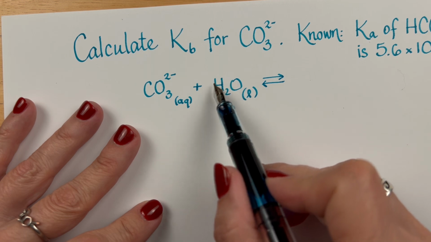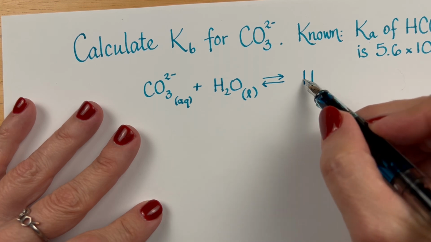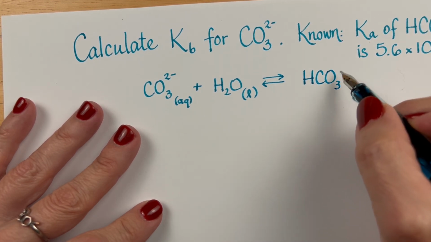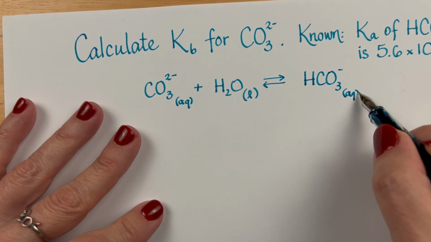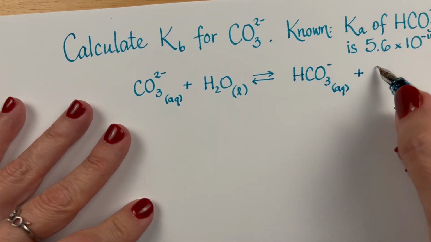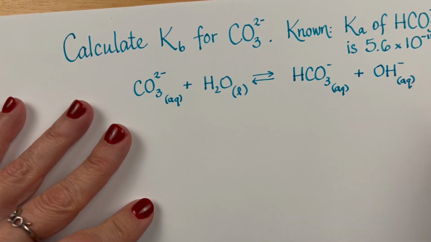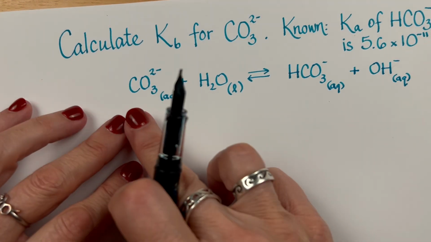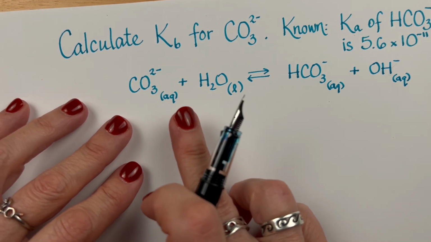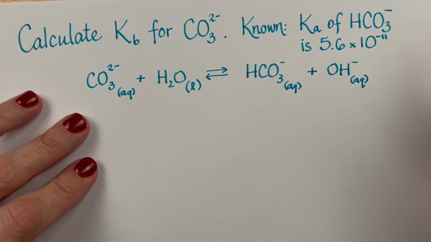So it is gaining a hydrogen ion from the water to become bicarbonate. And once that hydrogen ion leaves water, that leaves hydroxide. This is the base equilibrium. In other words, the Kb.